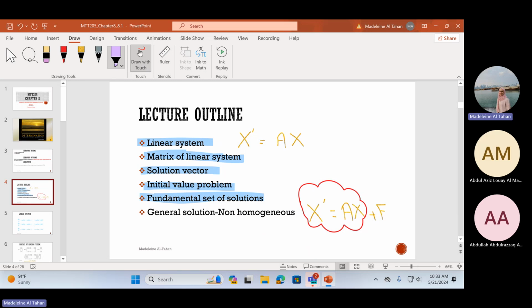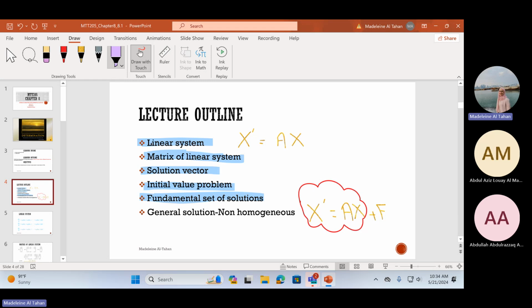Then we talked about the solution vector, which when substituted, left equals right. Then we talked about initial value problems, and one of the conditions is that a solution exists and is unique. It should be one.